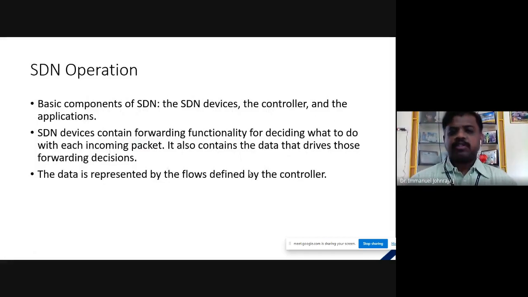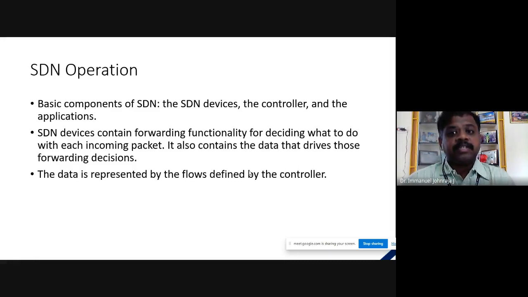Some of the theory portions, hope we can note these points down. Basic components of SDN are three: the SDN devices, not our traditional devices, then the controller, and the applications which are supporting this software defined networking operation.